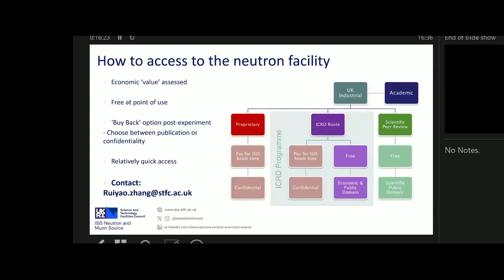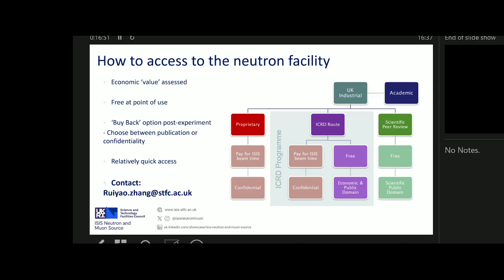And finally, I would like to introduce how you can access our neutron facility. Usually we have this academic access for researchers from all over the world. If you have an interest to use our facility, you can put in a proposal, and then we will review all your proposals, and then we'll give you the beam time, and you can use the facility for free.